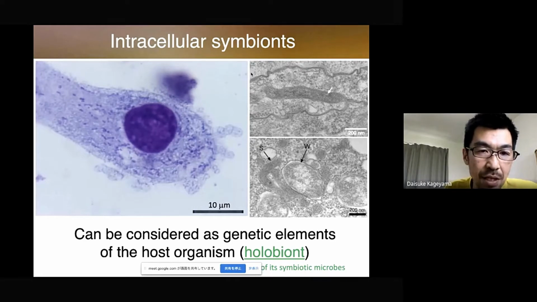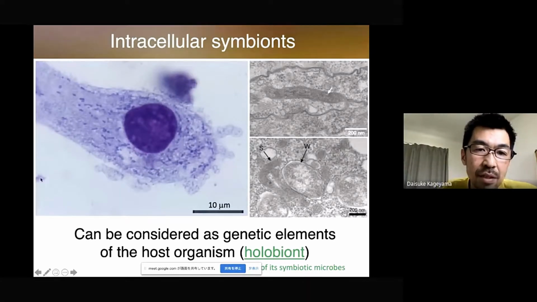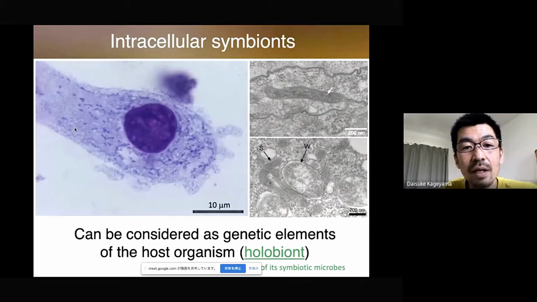As you can see here, this is an insect cell culture, and it has a nucleus in the center, and you can see a lot of small dots around here. This is the bacterium called Wolbachia. So Wolbachia can be transmitted to the next generation via the female ovary.